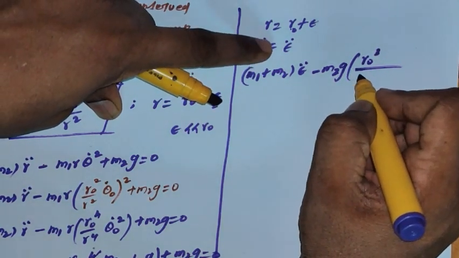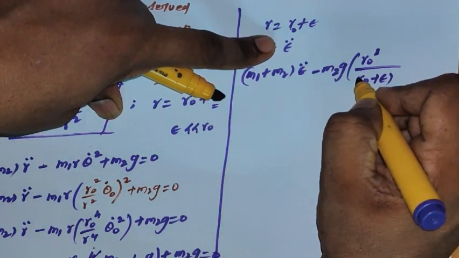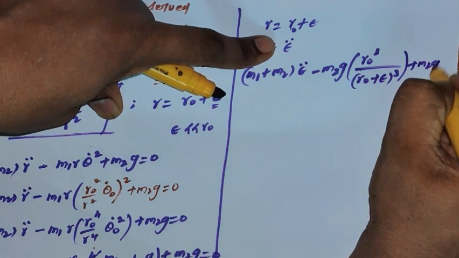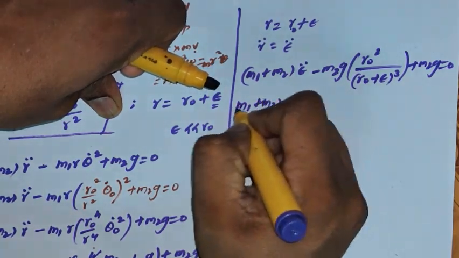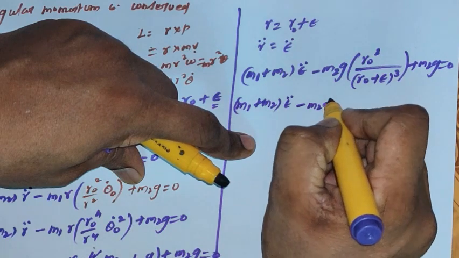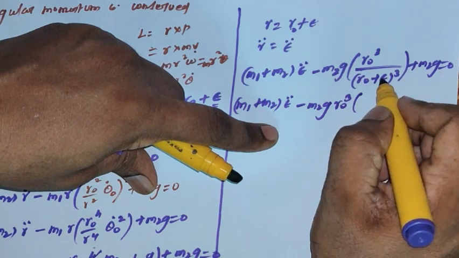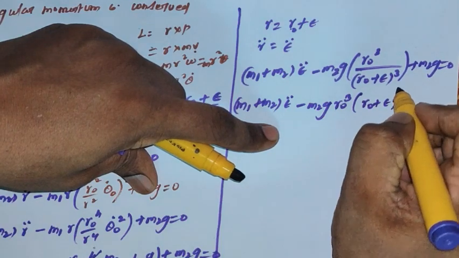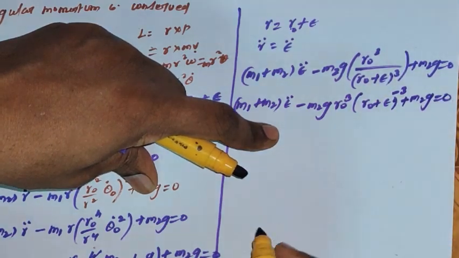Here we have r cube in the denominator, so instead of r we put r naught plus epsilon whole cube, plus m2g equal to 0. You can push the r naught plus epsilon whole cube to the numerator, then it is power minus 3.